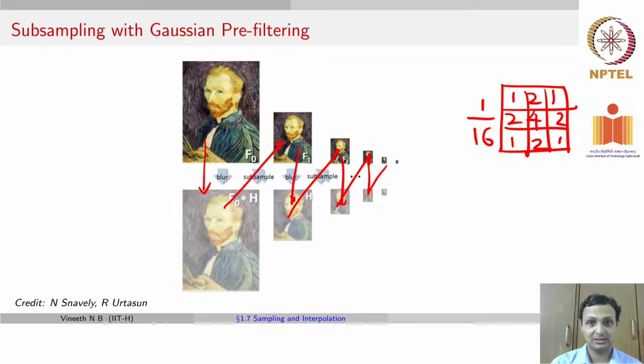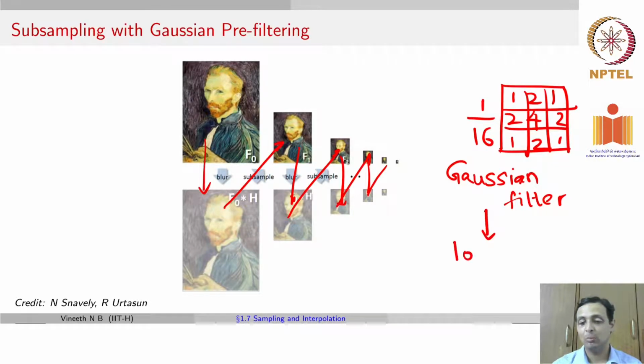There's a reason for this. Okay. Let me ask you this question. This, as we said, is a Gaussian filter. Do you recall what a Gaussian filter is? A low pass filter or a high pass filter? A Gaussian filter is a low pass filter, which means it removes high frequencies and only passes through the relatively lower frequencies.